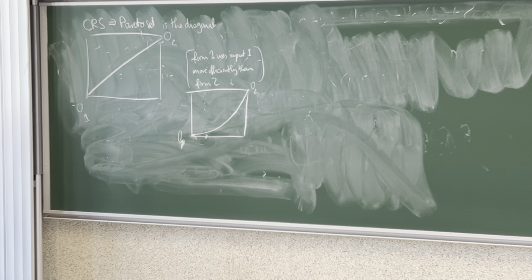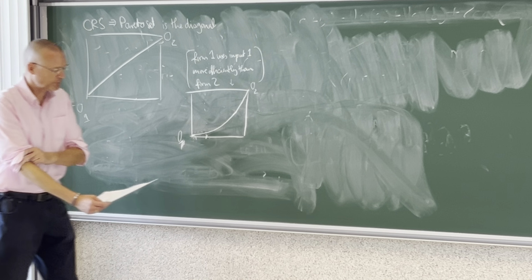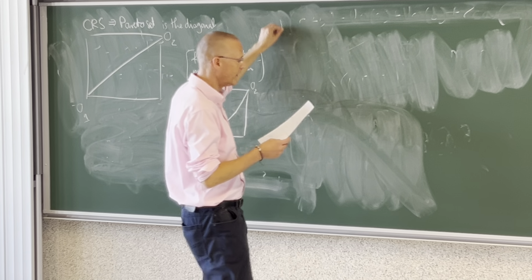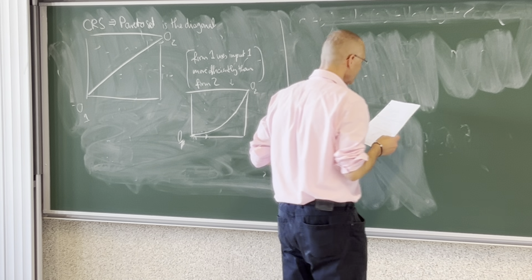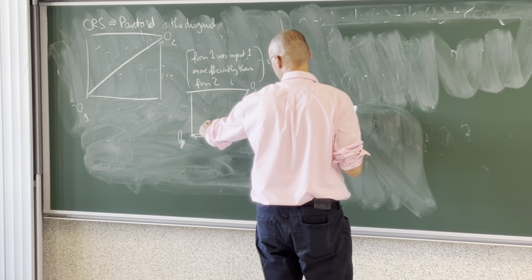Given this, I give you the definition of how we can say that the production of good 1 is relatively more intensive in factor 1, which is what I have here in the picture.